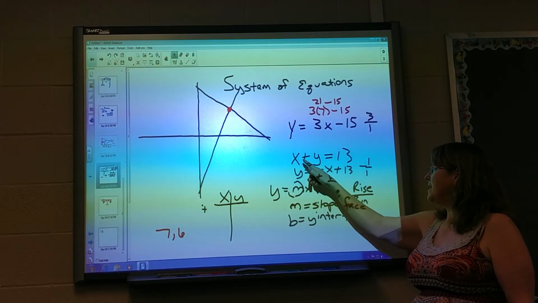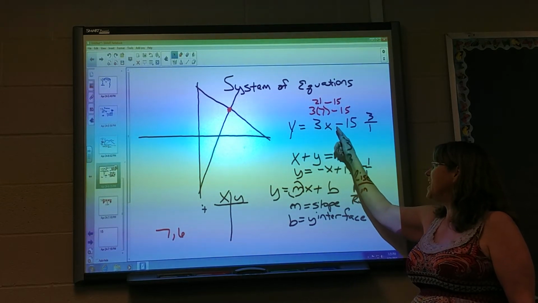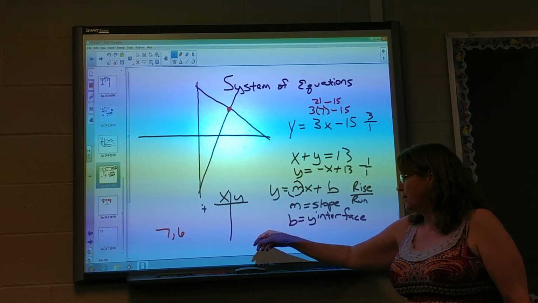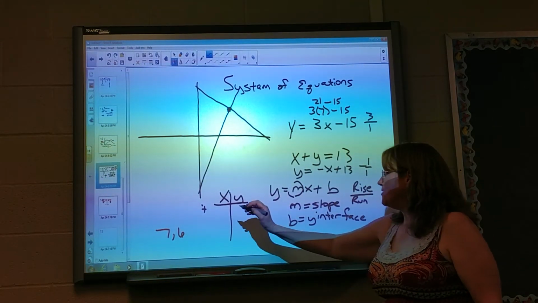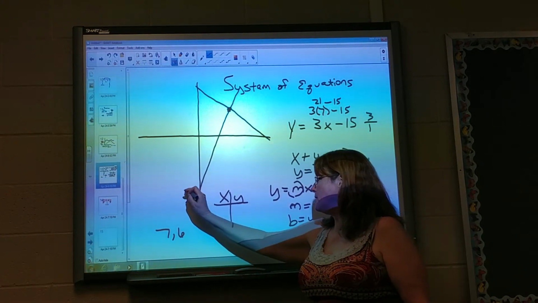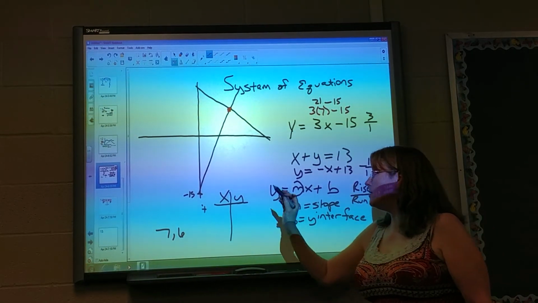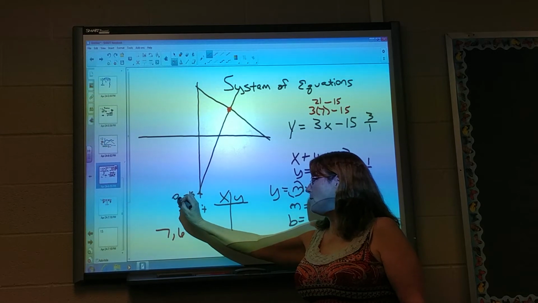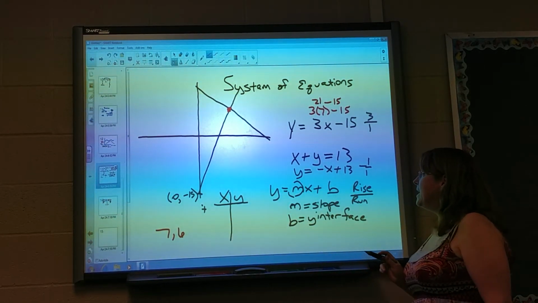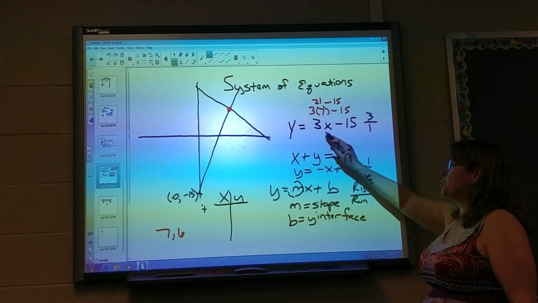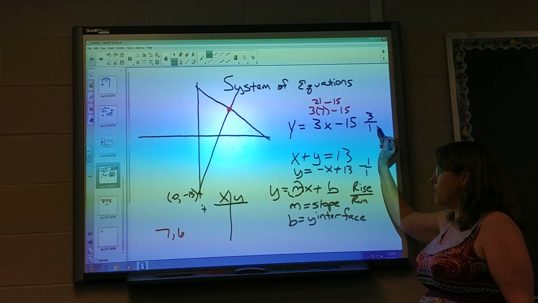So if you take this first one and we can graph it, y equals 3x minus 15, I would say if x were 0, y is minus 15. So we're going to say that this point is 0, minus 15. It doesn't go anywhere, it's 0, minus 15. And then my slope is 3, which means I'm going to go up 3 over 1.